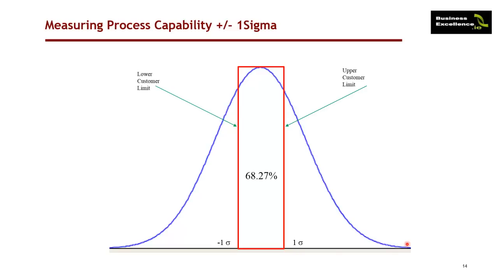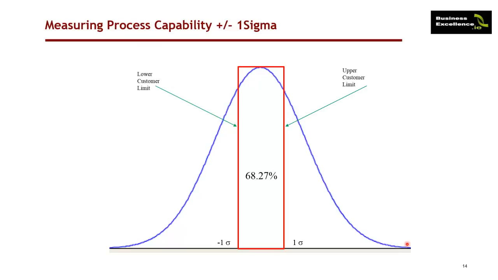Therefore, 32% approximately fits outside the red area and is therefore considered waste. Statistically, this is referred to as a plus or minus 1 sigma process. Depending on the process, this would not be ideal because, as we identified, 32% approximately is waste.